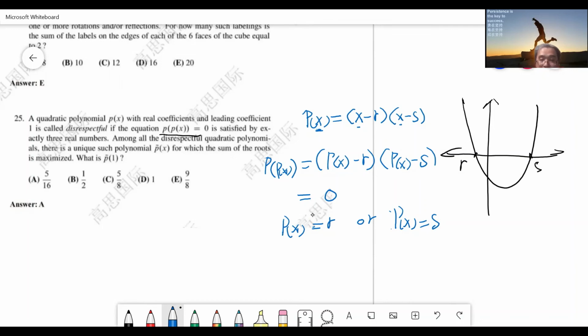So we have two solutions from each, because P(x) is a polynomial, and P(x) equal to s also has two roots. Since P(P(x)) = 0 is satisfied by exactly three real numbers, one of these has two identical roots, that is, one solution, and then the other must have two distinct solutions.